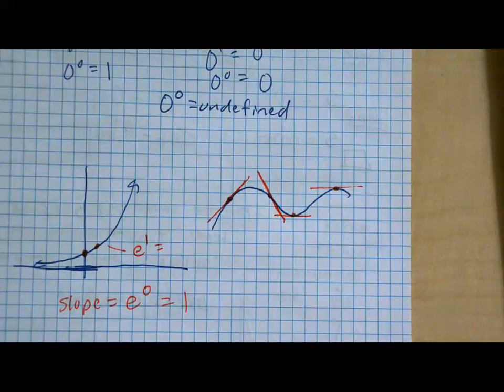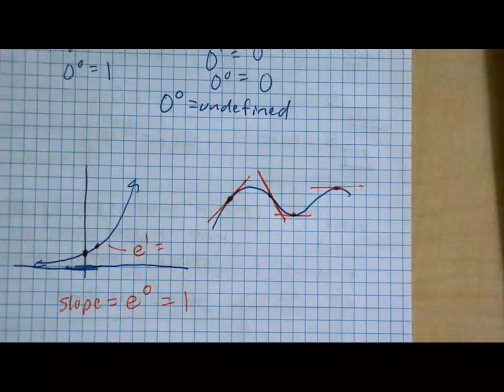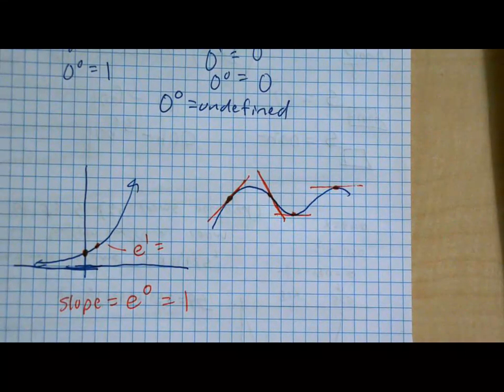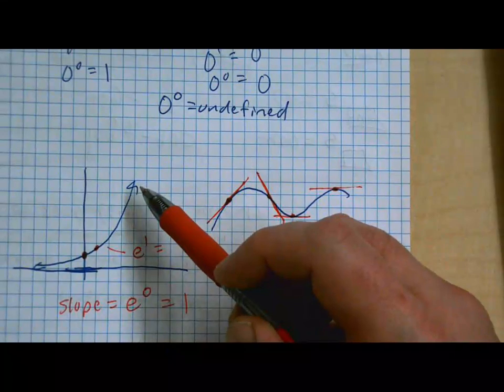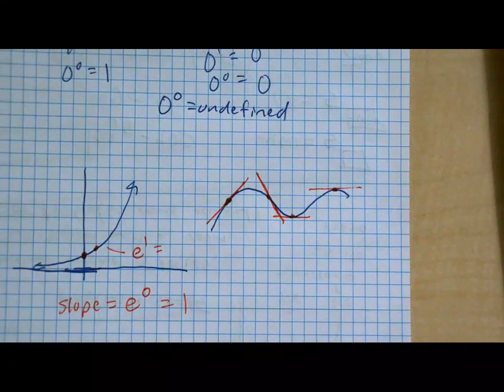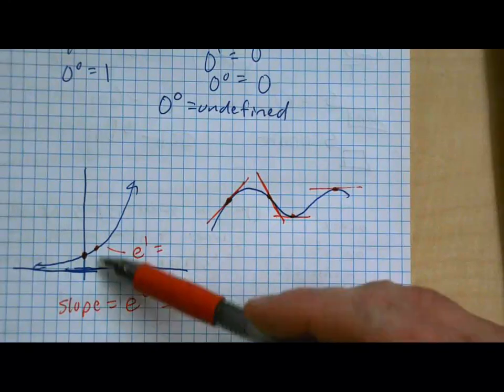So when you go to find the derivative of e, the derivative of e is e. e is its own slope. So the graph of e also tells you exactly what the slope of every point on that graph is. It also tells you the area underneath the curve up to that point.